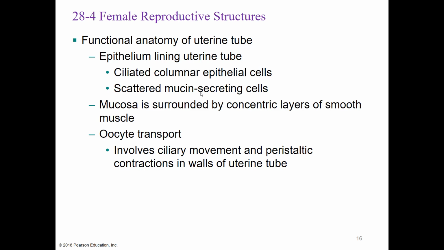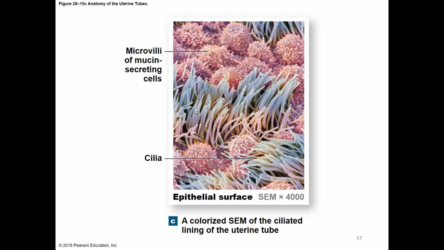So with the cilia and the peristalsis, we're really going to be able to move that oocyte forward. So here's a zoomed in view of the microvilli of the mucin secreting cells, and also the cilia, or the hair-like projections that we're going to find lining the inside of the fallopian tube.